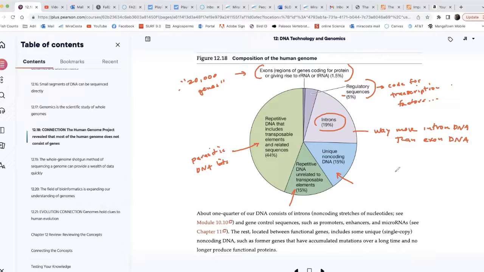Okay. Do all organisms have such a huge amount of wasted or junk DNA? It's kind of an interesting question. We're coming to realize that maybe some of this junk is not entirely useless. Some of it might actually be pretty important.